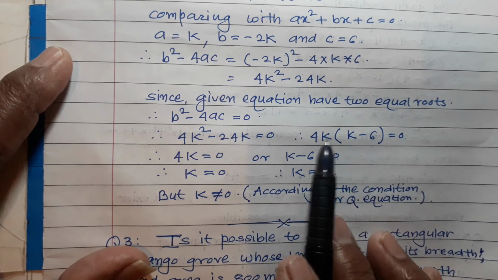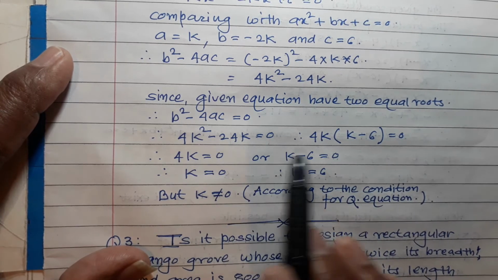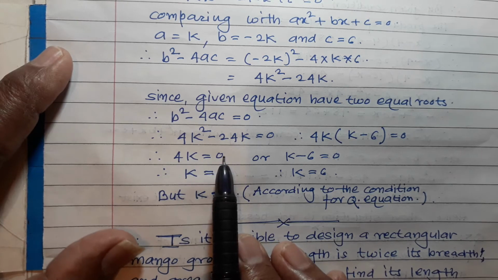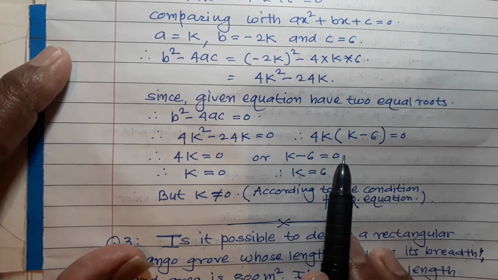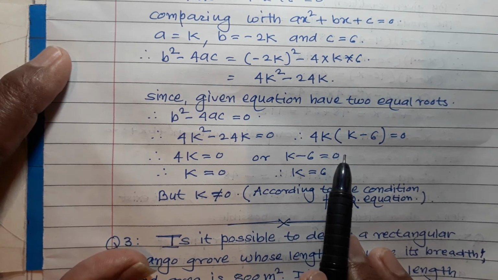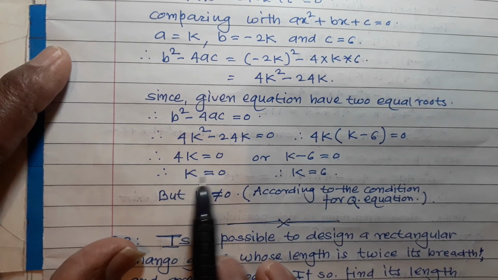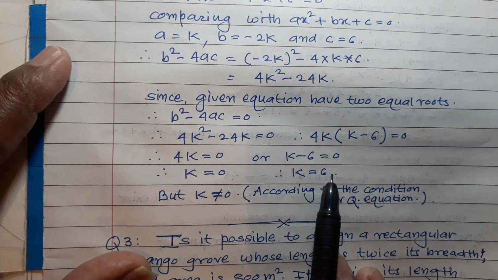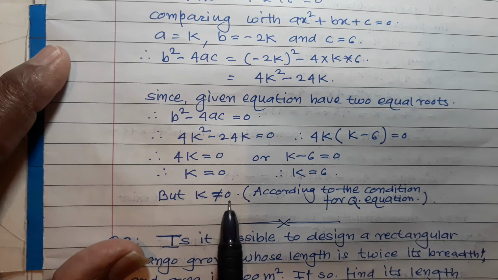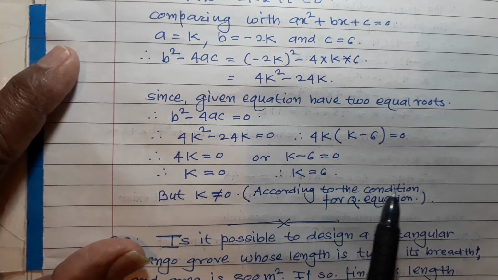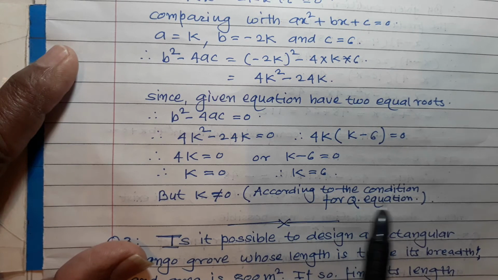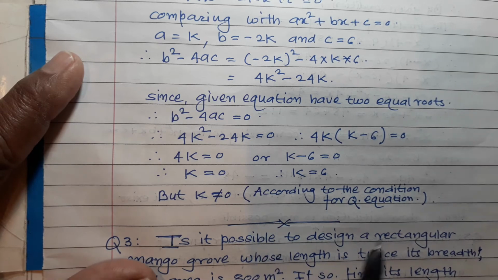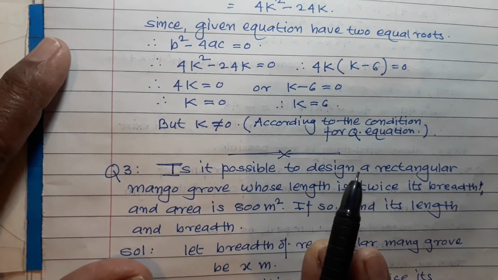Now these are the factors of the given quadratic equation, and therefore 4k is equal to 0 or k minus 6 is equal to 0, and therefore k is equal to 0 and k is equal to 6. But k is not equal to 0 according to the condition for a quadratic equation, and therefore k is equal to 6 is your answer. Okay.